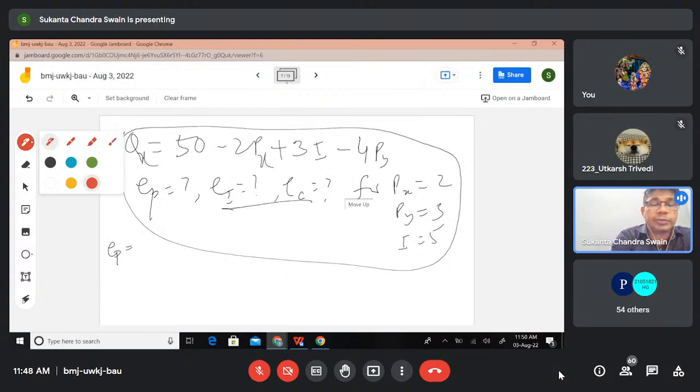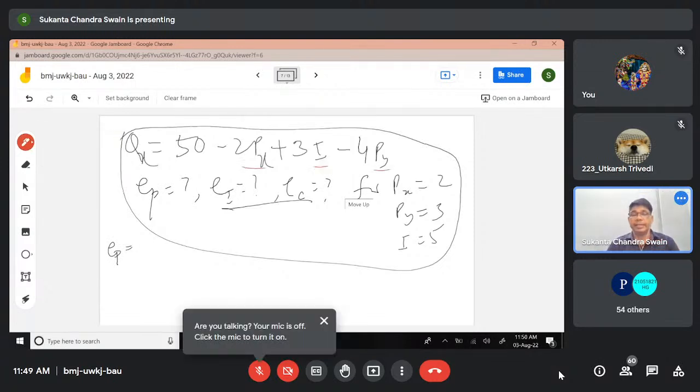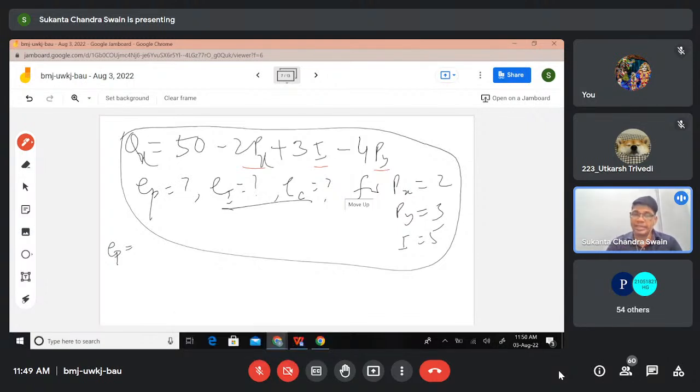you see here, because there are 3 variables Px, I and Py, while going by the differentiation method, we will apply the partial derivative, not the derivative, because we will be differentiating Qx with respect to Px, then with respect to I, then with respect to Py. So EP is the partial derivative of Qx with respect to Px into Px by Qx.